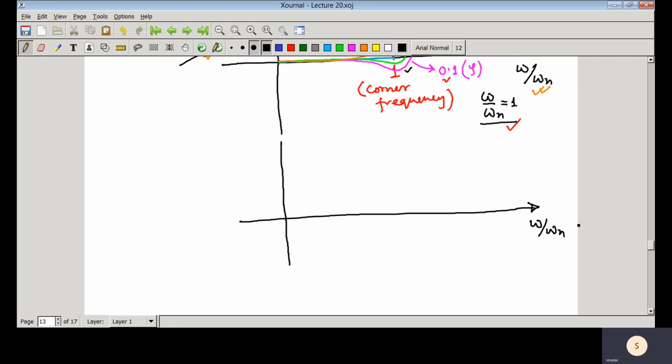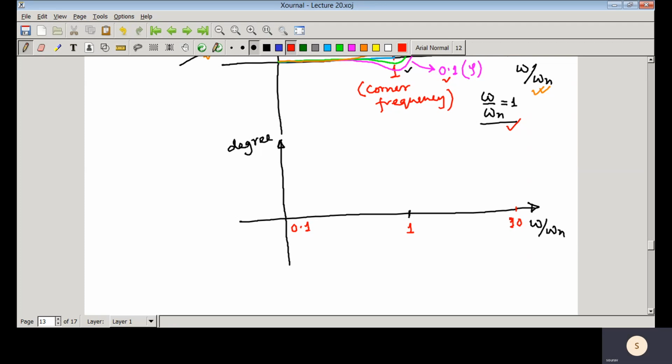When omega is very high, then that angle would be 180 degree, and that slope would be 90 degree per decade, and here that corner frequency is 1 because it is in the scaling form, and here that is in degree. So now, one decade below this, we take say this is 0.1, and one decade above, say this is 10.